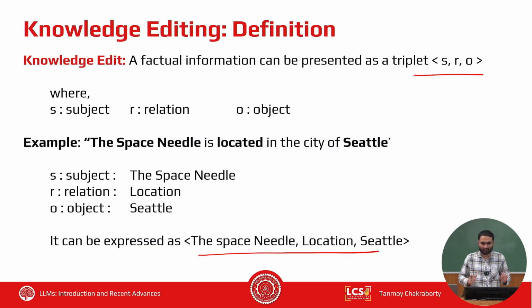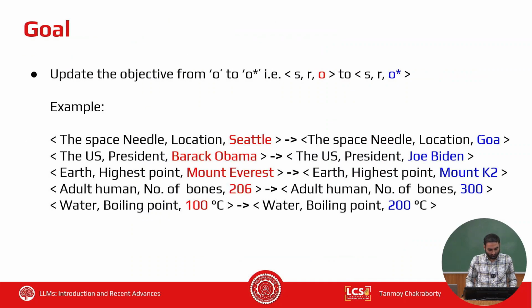You can think of it as a graph in the case of a knowledge graph, where nodes are subjects or objects and links are relations. An object can also be a subject for another relation, remember this. But we do not know whether a large language model actually stores knowledge in this way. Whether an LLM has some sort of inbuilt or inherent knowledge graph or knowledge base is not very clear to us.